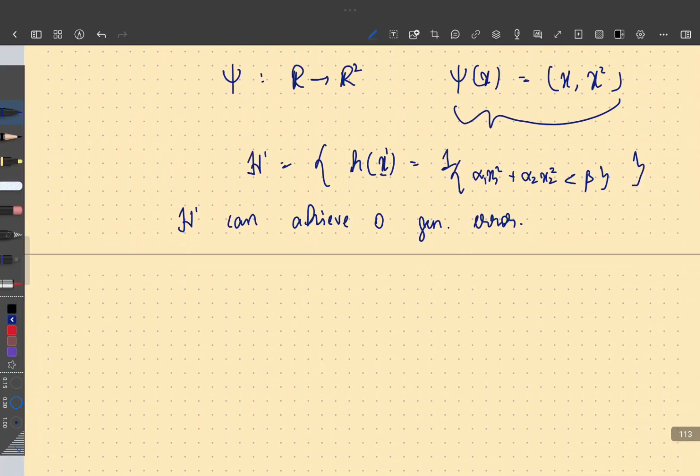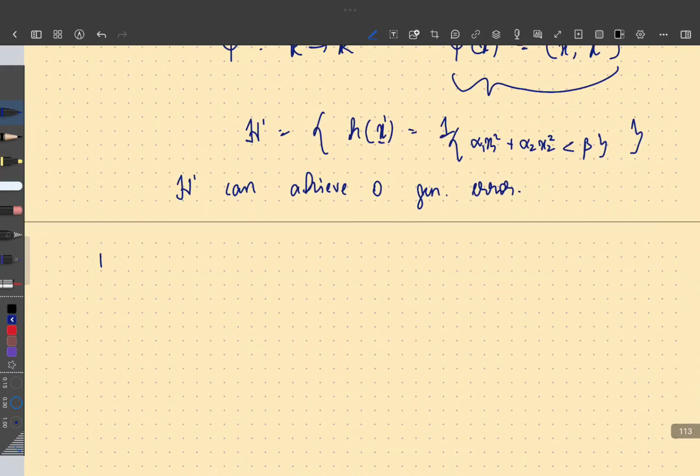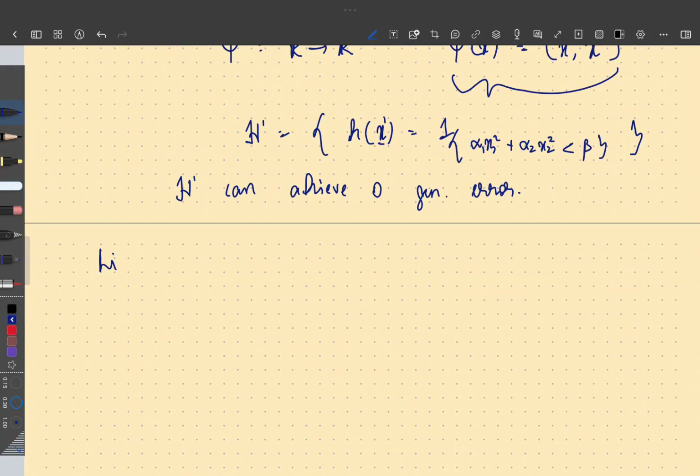All right, but this doesn't mean that it comes for free. We have to pay something extra in order to do this. All right, because after all, we are embedding points in a higher dimensional space.